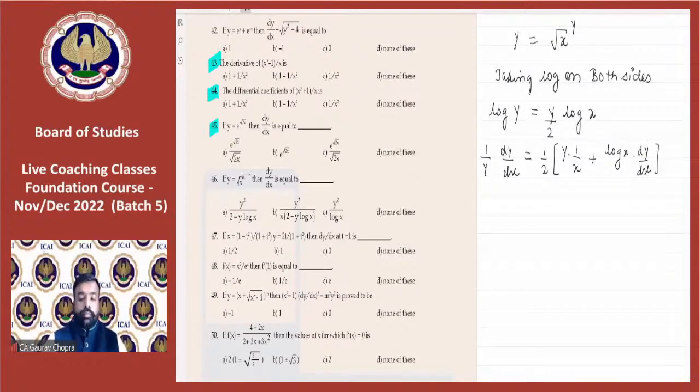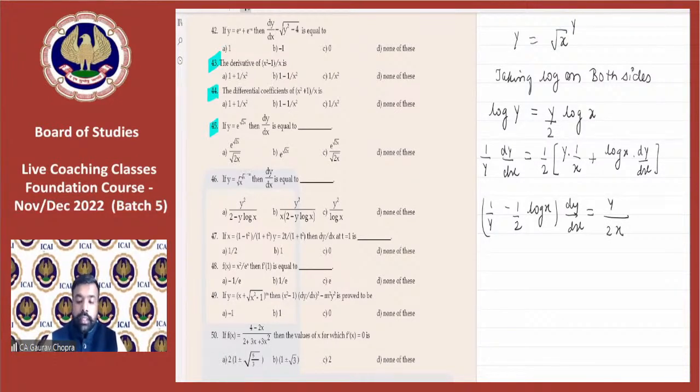Now we can take dy by dx on one side. So it will be 1 by y minus 1 by 2 log of x, dy by dx. And this is equal to y upon 2x.